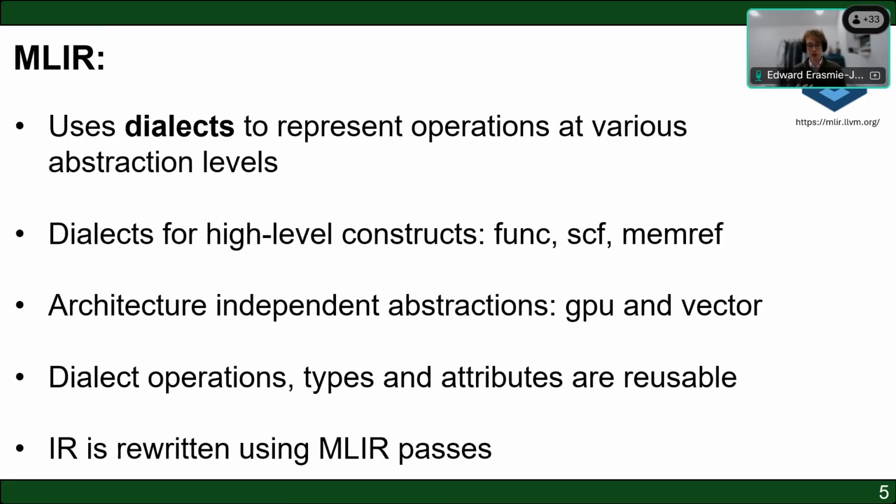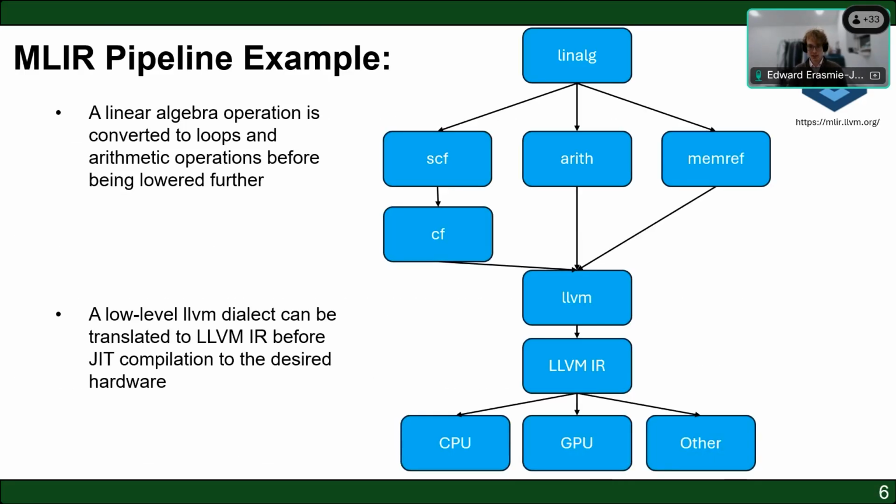IR itself can be rewritten and lowered using MLIR passes. So to illustrate this, we have a pretty simple example. You can consider the linalg dialect, which is used to represent basic linear algebra operations like a matmul, for instance. This will be converted first to the structured control flow, arith, and memref dialects.